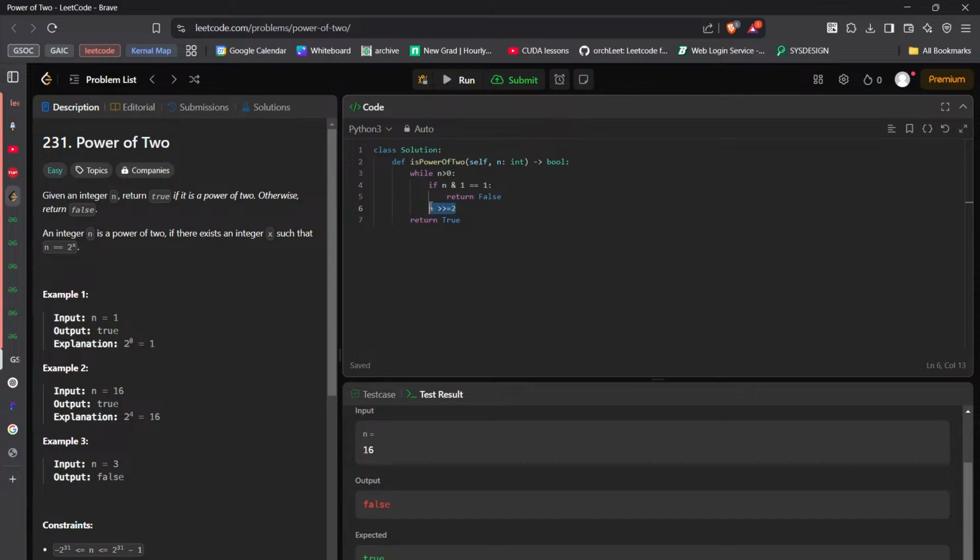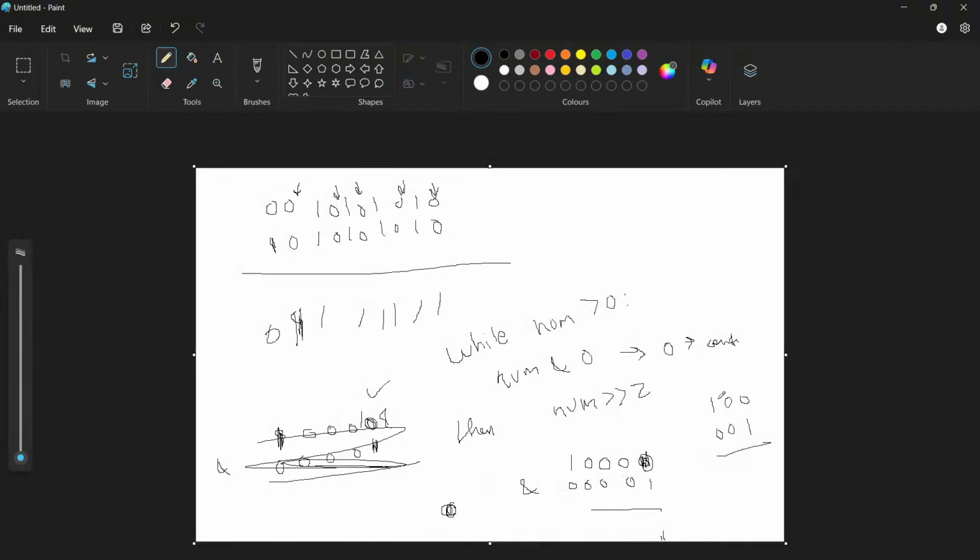Then again I'll right shift by 2, then 1 0. The answer will be 1. Bruh. This should be 0, is it? What is this? 2 raised to 0. What am I doing wrong? 2 raised to 1.